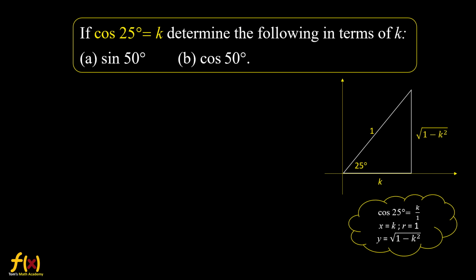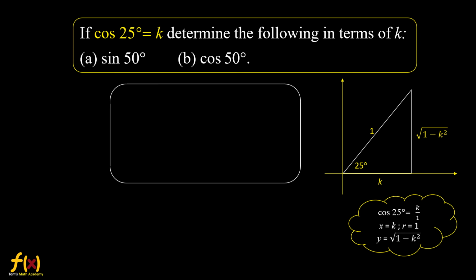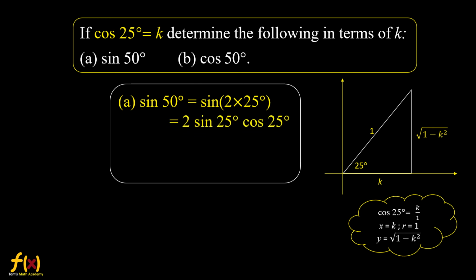The question is sine 50. Immediately we must know that with 25 and 50 we use the double angle formula. Sine 50 is sine of 2 times 25, which gives us the double angle formula for sine: 2 sine alpha cos alpha, 2 sine 25 cos 25.